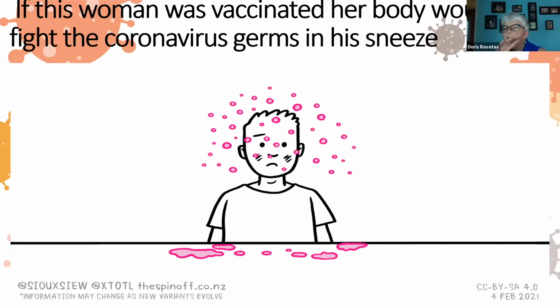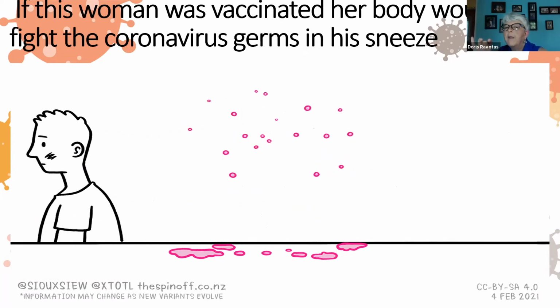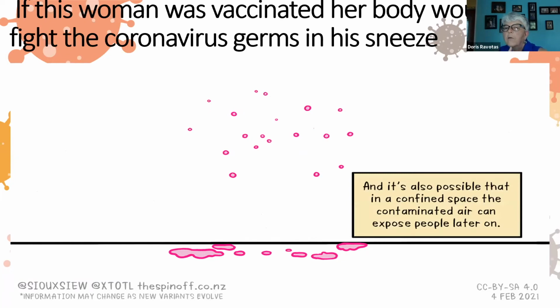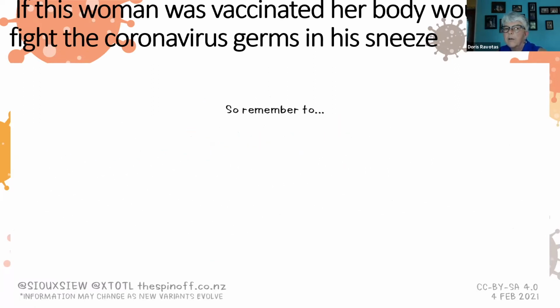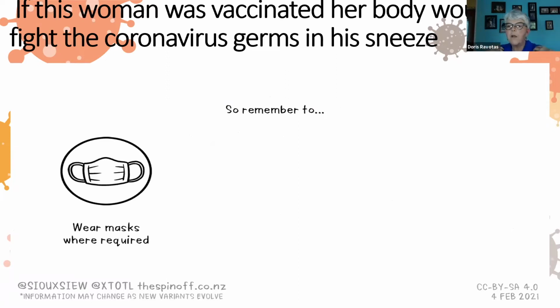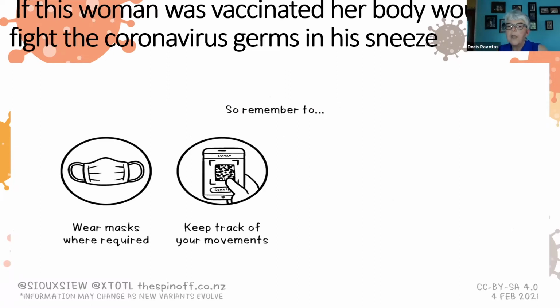And then I'll let it play out so that people can see, oh, here she is walking through. And yes, if she's got that vaccine, then she can be fighting those germs that are here. So that's the protection of ourselves and getting the vaccine for that purpose.